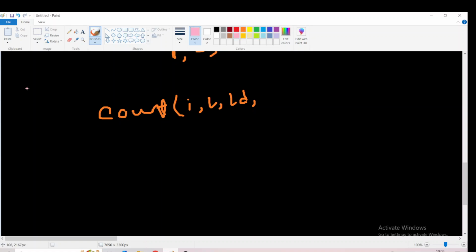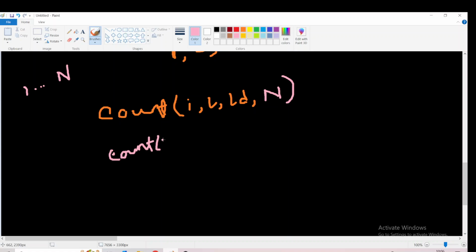The count function will give us all the good numbers, meaning numbers whose digits are non-decreasing. From 1 to n, it will give us the count of all good numbers, so we will pass n as a parameter. So the count function will take four parameters, I, L, LD, and n, and give us the answer.